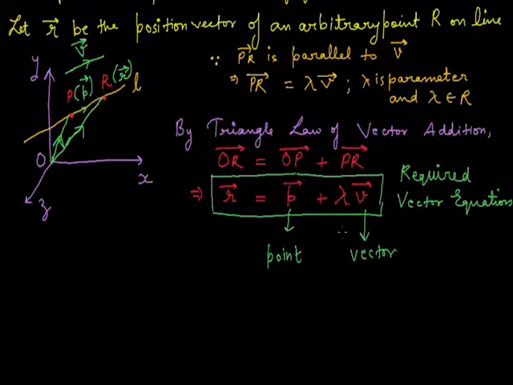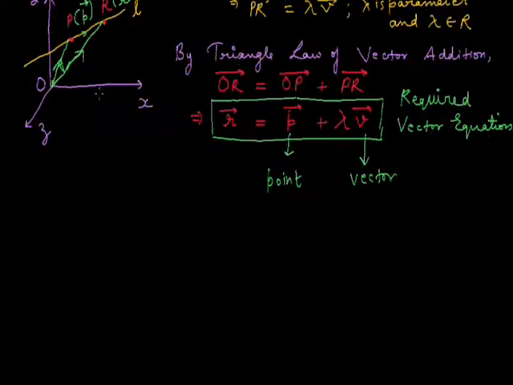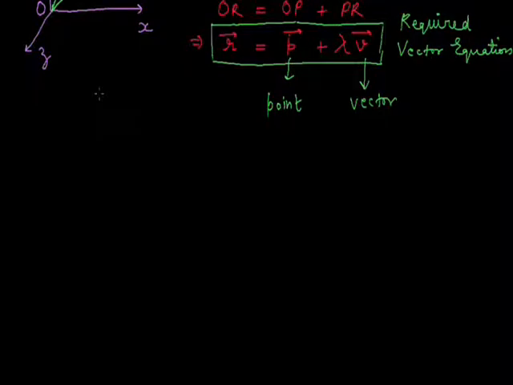Here lambda is a parameter which is a real number. By changing the values of lambda, we can get the different position vectors of different points on this particular line. Now let's convert this vector equation into Cartesian form.